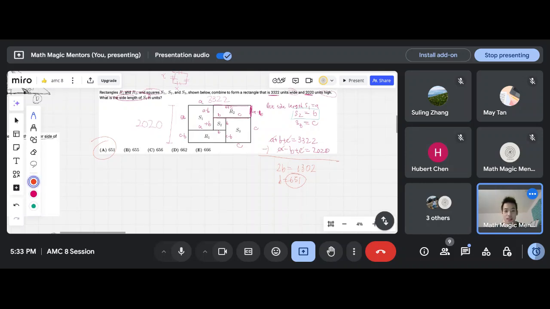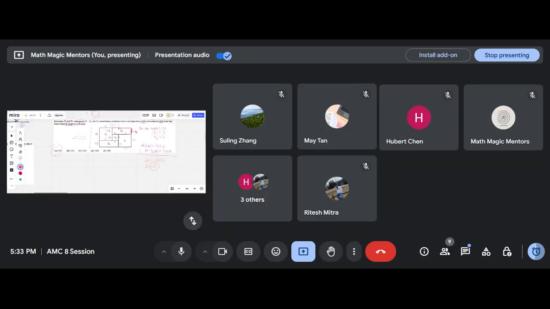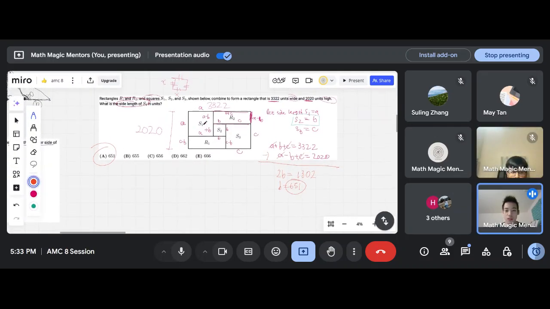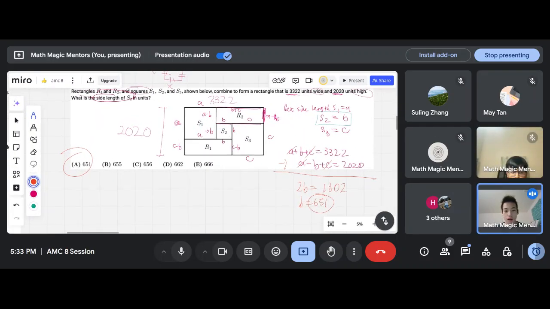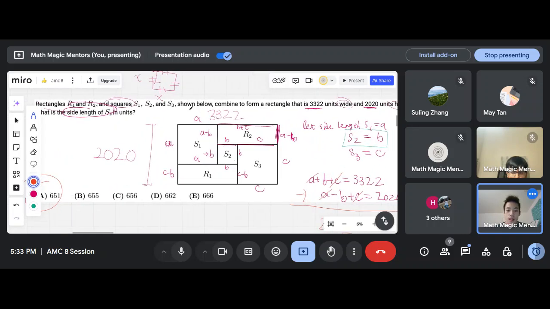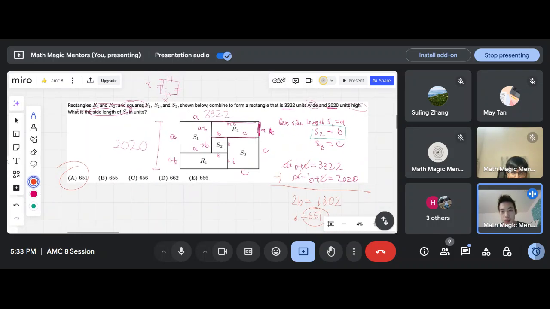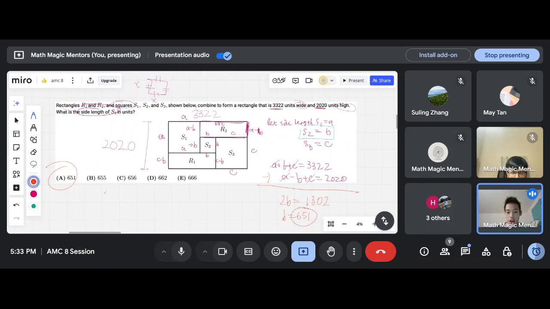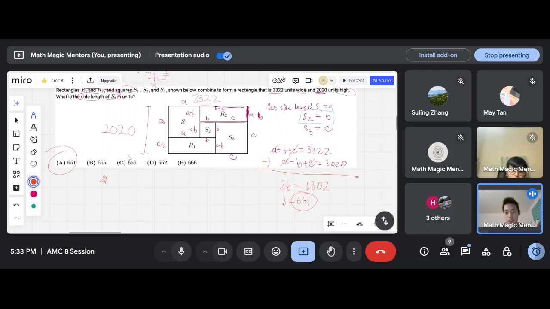So just to recap this problem, again, there are a lot of properties about squares, but one key strategy, that you shouldn't have to memorize, that we should use with squares, is letting side lengths be variables.